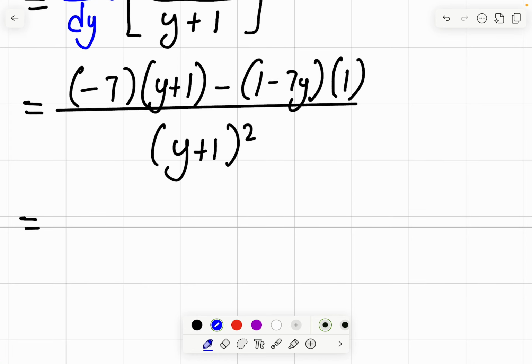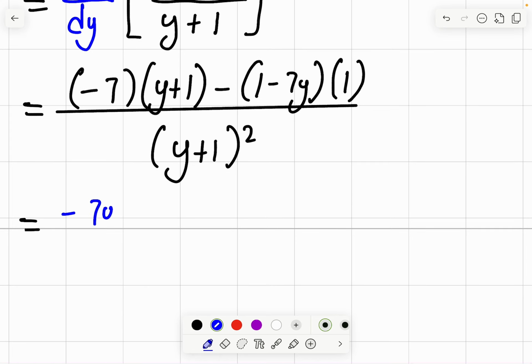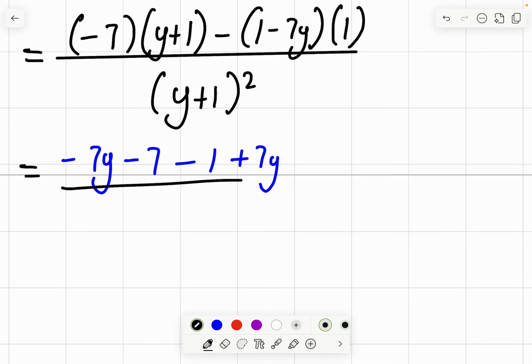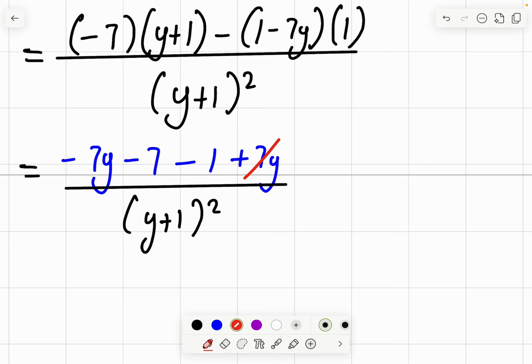Therefore, when I start to multiply the brackets, I remain with negative 7y minus 7 minus 1 plus 7y, so the whole divided by y plus 1 all squared. I know this one cancels that one.